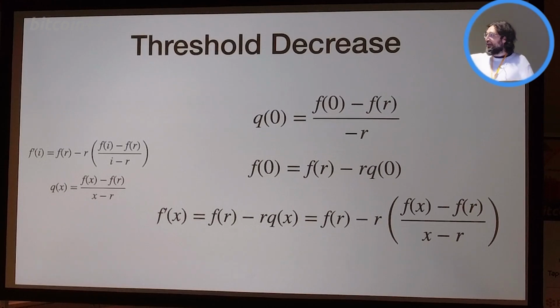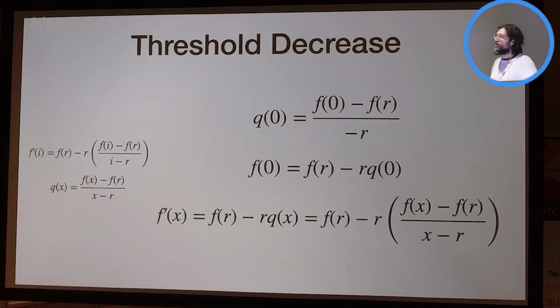So if we take that equation we just arrived at and we plug in 0 for x, we're going to get q of 0 equals f of 0 minus f of r divided by negative r. The x just dropped out because it's 0. And if we isolate f of 0, so we just manipulated this equation so we get f of 0, we see that f of 0 equals f of r minus r times q of 0.